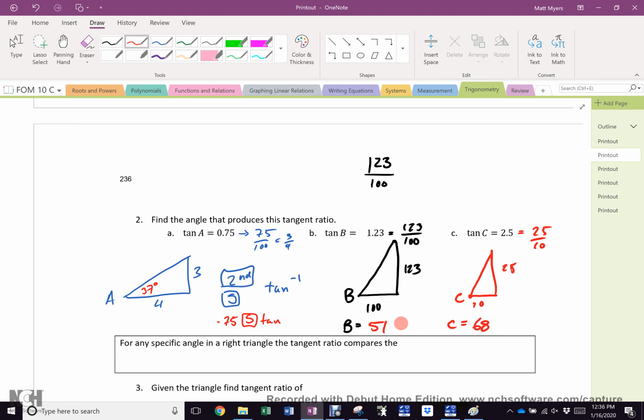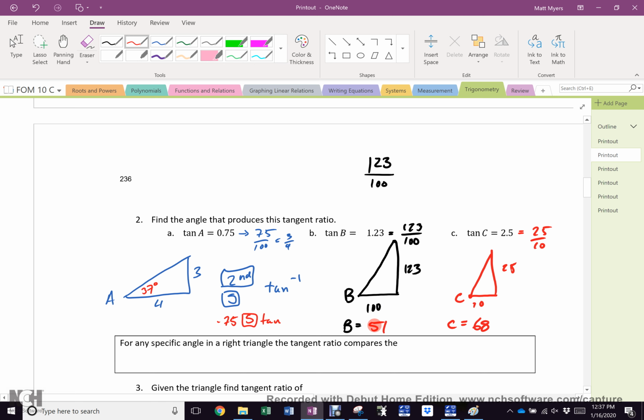Okay, so you need to follow the blue. Second, tan, then the decimal, then equals. So you will push second, tan, 1.23 equals, and you will get 51.